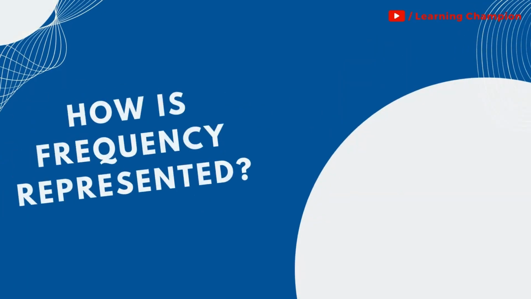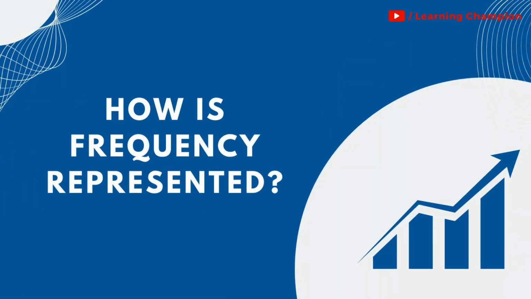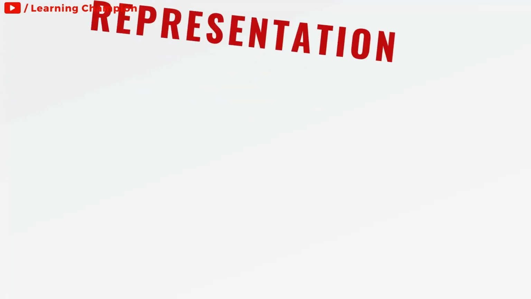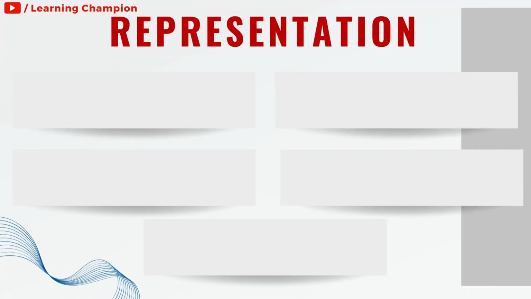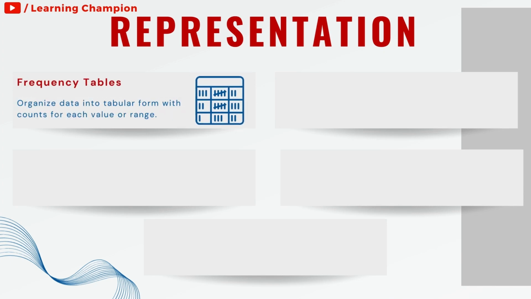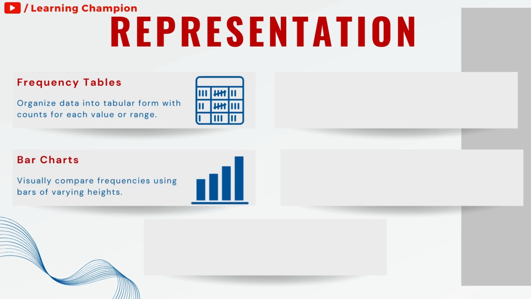Let's now look at how frequency is represented. Frequency can be represented in various ways, depending on the context and the type of data being analyzed. Here are some common ways frequency is represented. Frequency tables organize data into tabular form with counts for each value or range. Bar charts visually compare frequencies using bars of varying height.